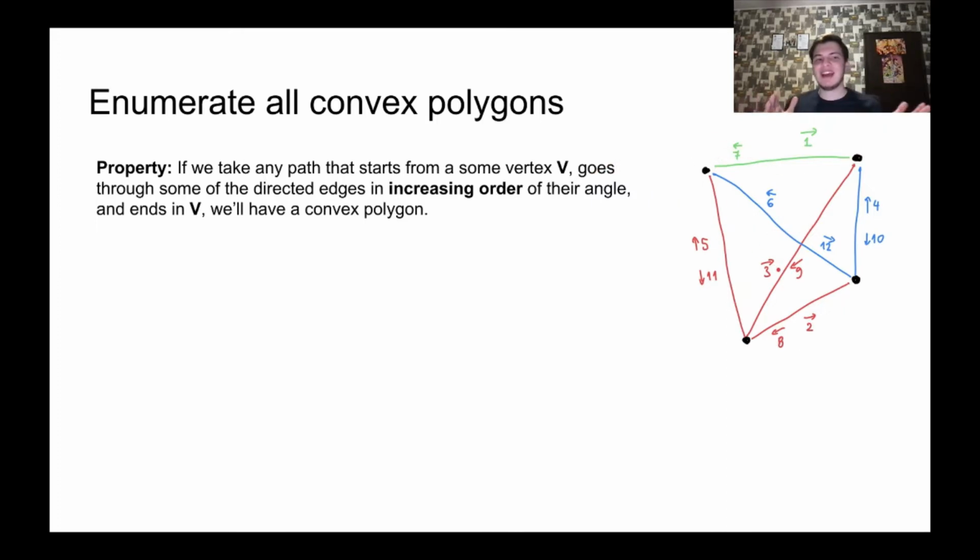The idea is that we form a polyline, and the polar angle will always increase. So if we end up again in v, so we have a closed polyline, this closed polyline will definitely form a convex polygon.